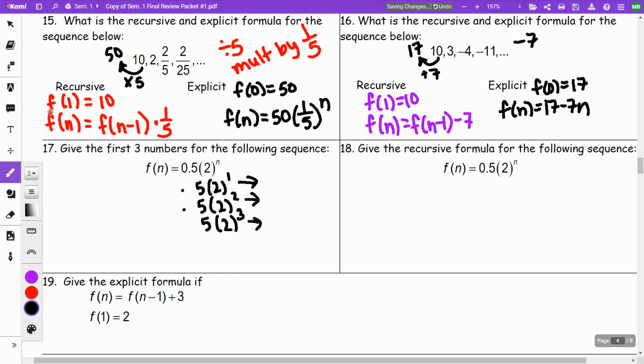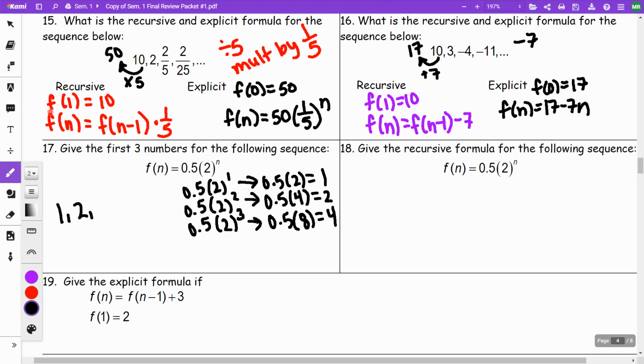Let me rewrite that. This is a 0.5. So this is going to be half of 2, which is 1. This is going to be half of 2 squared, which is 4. So half of 4 is 2. The next one's going to be half of 2 cubed, which is 8. So half of 8 is 4. So it's going to be 1, 2, 4.